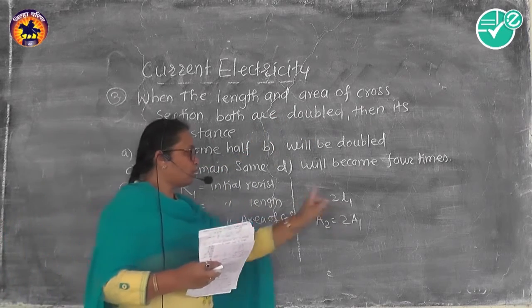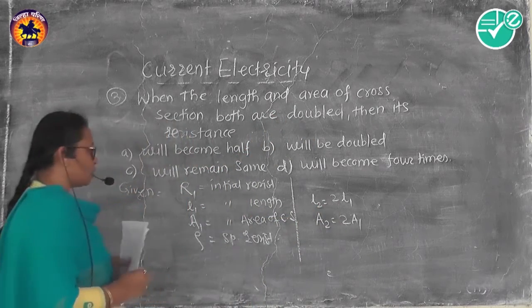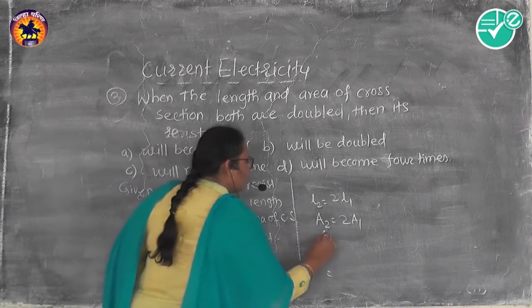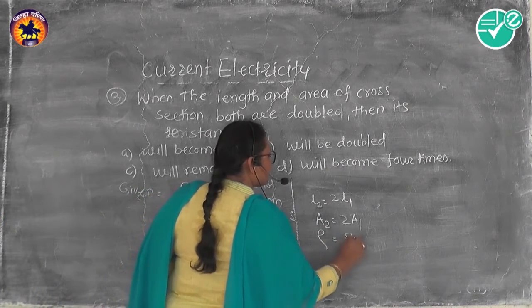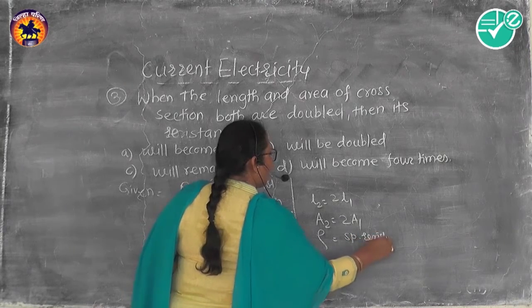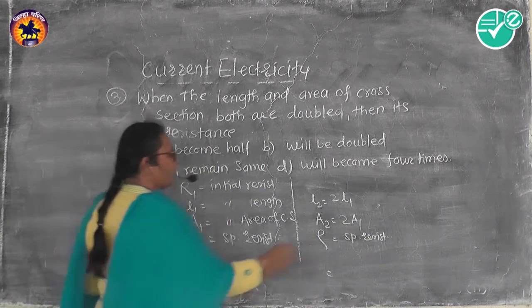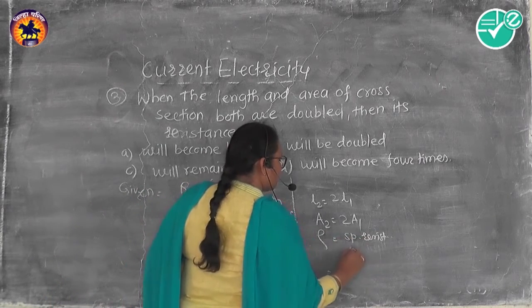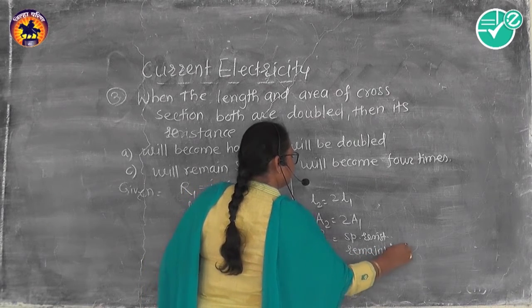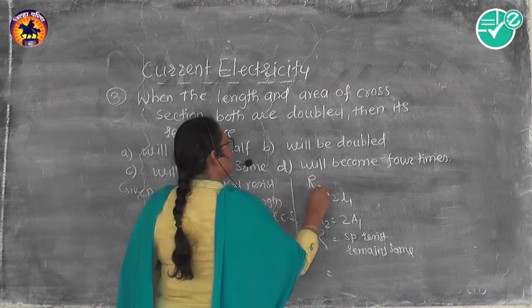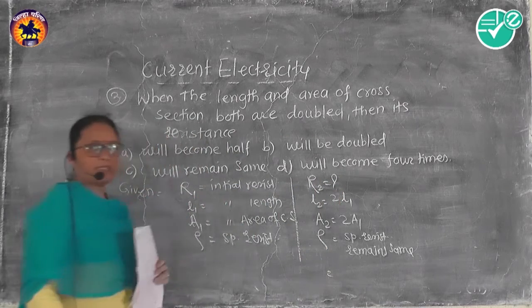So length is also doubled and area of cross section is also doubled. But as we know that rho is a property which remains same. Specific resistance, as we have not changed the material, therefore specific resistance remains same. Now what will be the value, new value of this resistance?